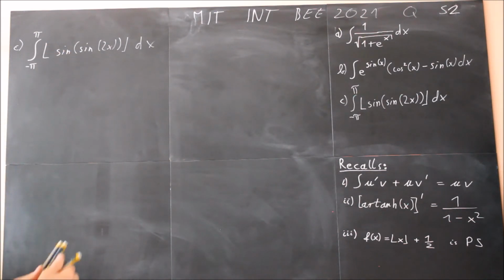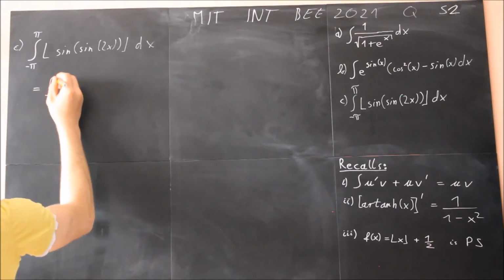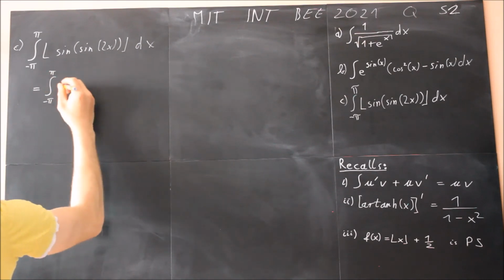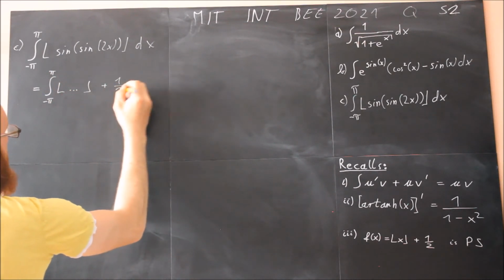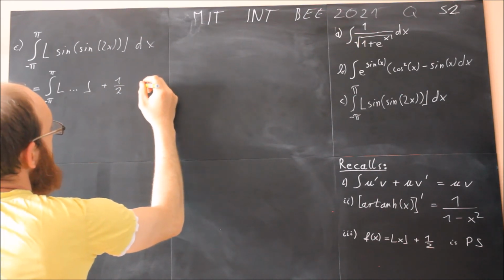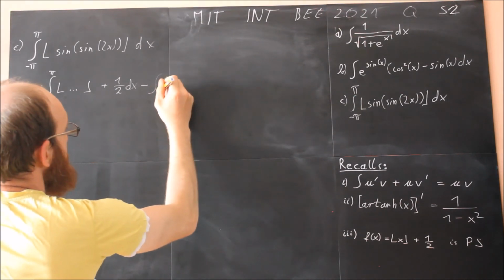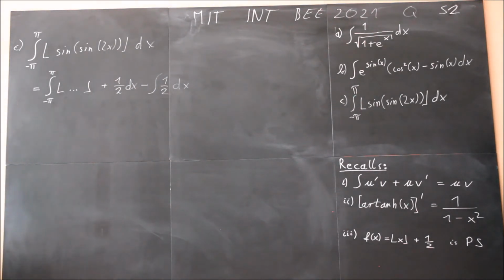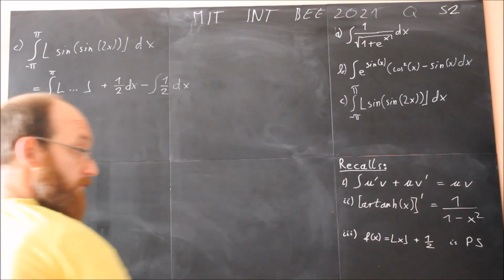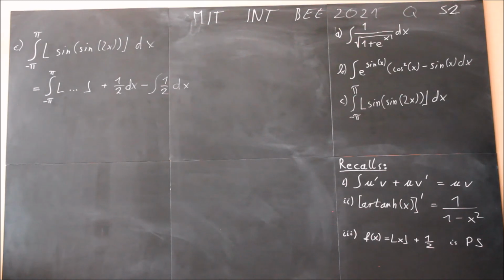All right. So what we do is this floor, and we add 1/2 and then subtract 1/2, and I already split it up in the integral. And now we can use this property of the point symmetric function.